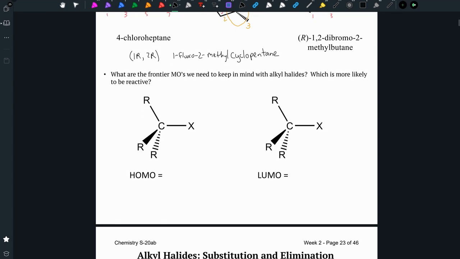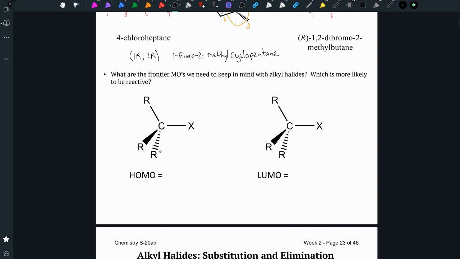Okay, so moving on to the main event, what these modules are all about is reactions of alkyl halides. So anytime we approach a new functional group and we want to think about its reactivity, we're going to ask ourselves, what are the frontier MOs? That would be the highest occupied molecular orbital, lowest unoccupied molecular orbital.